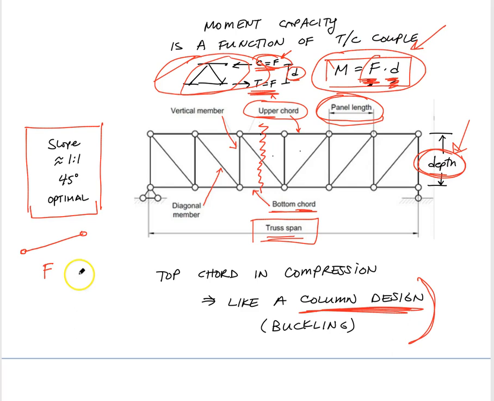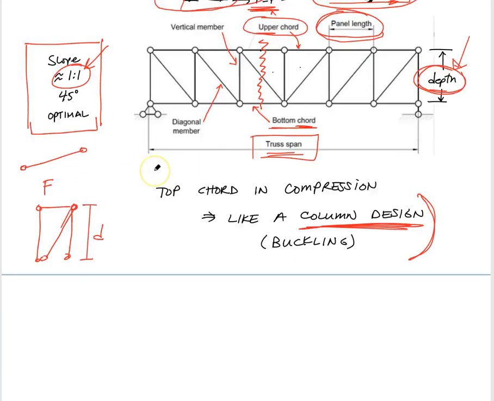If you have something very steep, here we would be maxing out d, but then you also get into buckling of these members due to their length. So optimally, we'd love to have about a 1-to-1 ratio.